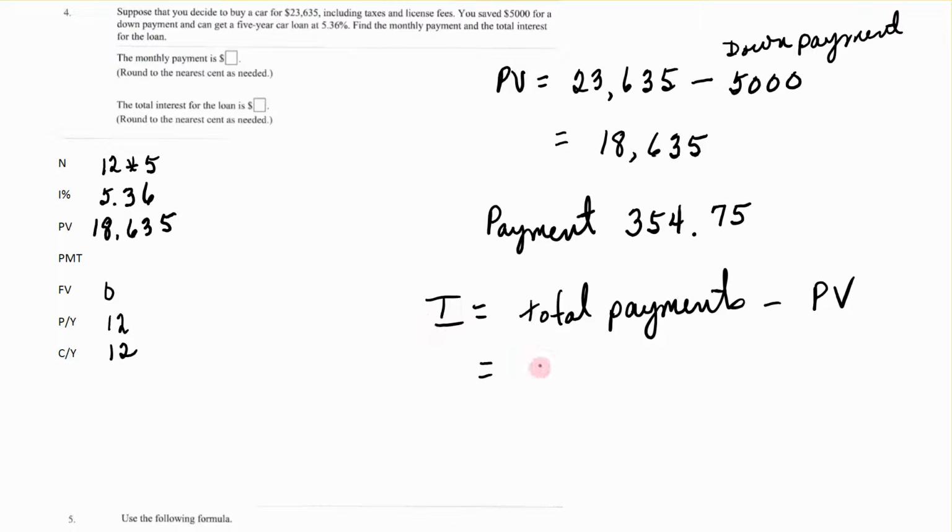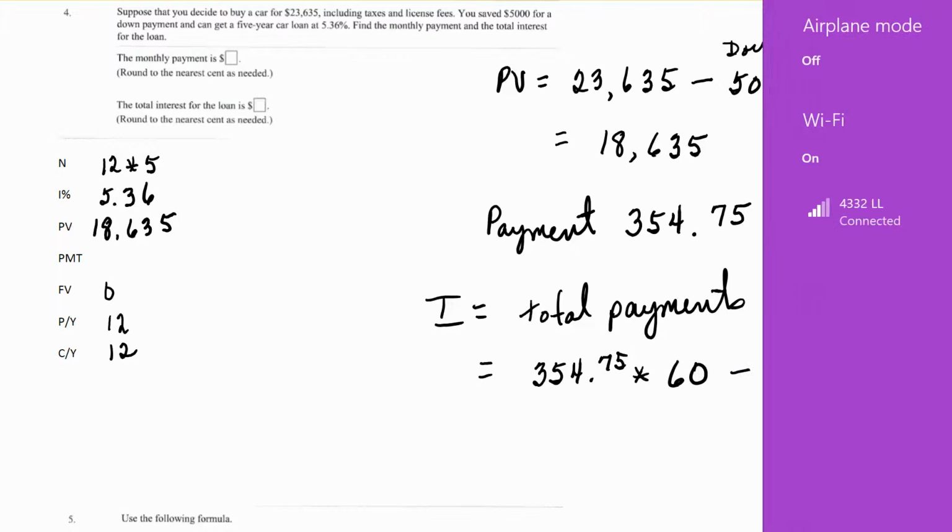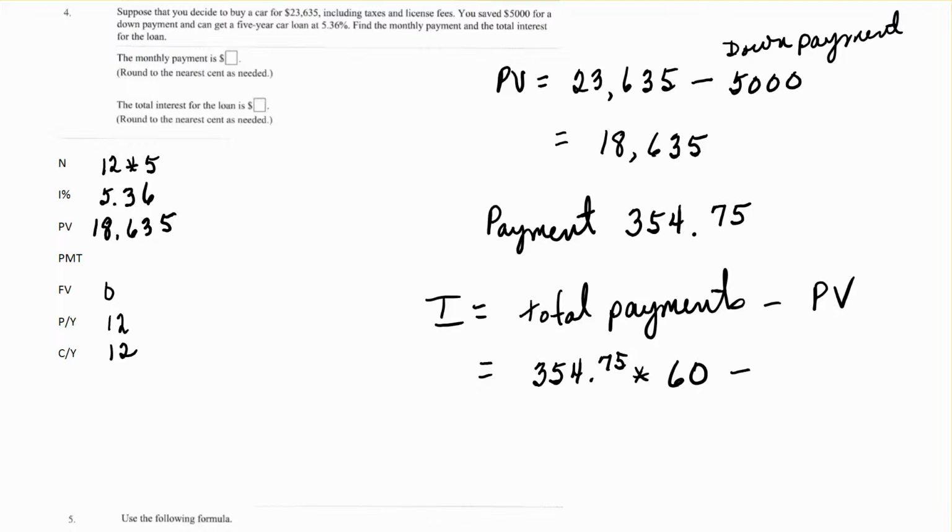Your total payments, you had $354.75, and you paid that 12 times 5, which is 60, minus your present value, which is $18,635. I could do that on the home screen of the calculator, and I will get $2,650.